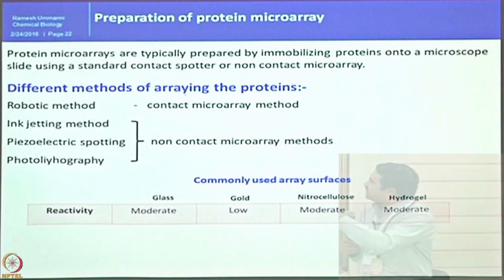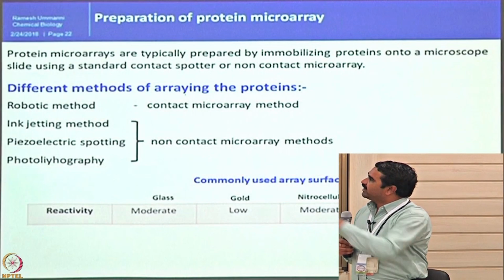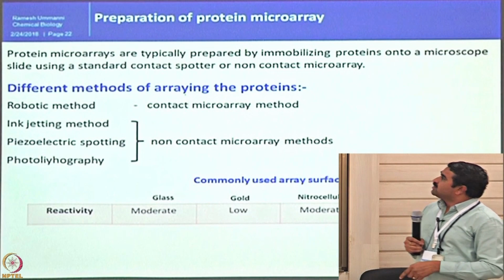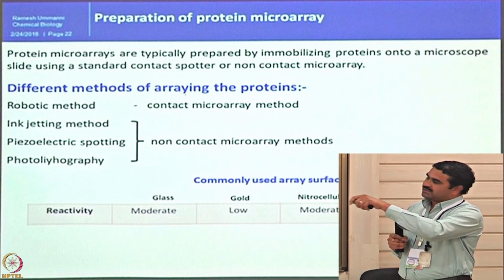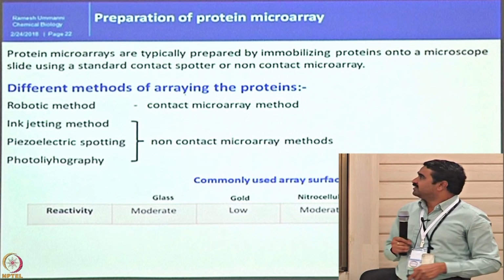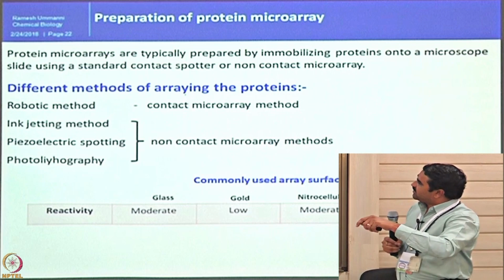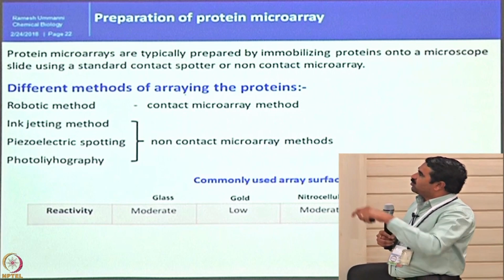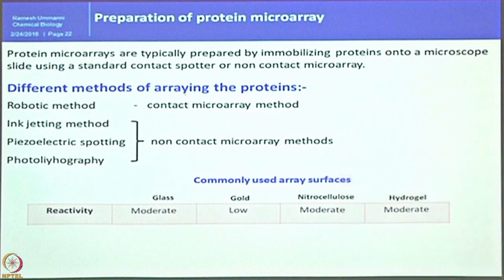And also you can use a wide array of substrates, but in the RPPA approach we need matrix coated glass slides. This matrix can be anything: glass directly, or gold, or nitrocellulose, or hydrogel. Every substrate or surface has its own advantages and disadvantages. In this case, glass has moderate reactivity towards the substrate, gold is low, nitrocellulose is moderate and hydrogel is moderate.